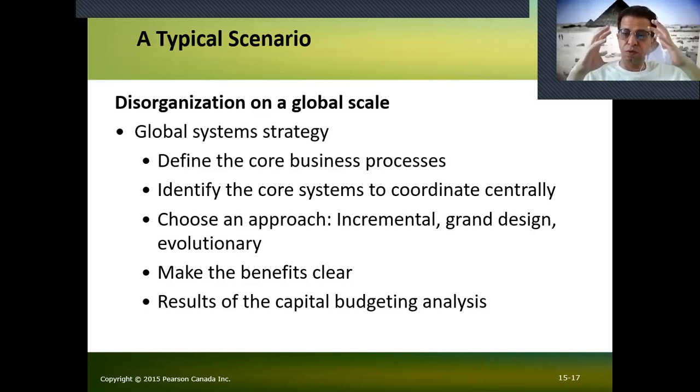So we want to first define our core business and then coordinate it centrally. Then choose an approach, whether we want to do incremental, grand design, or evolutionary. Preferably incremental, which helps so much and makes the benefit clear for the end users and the sub-companies, as a result of capital budgeting analysis and feasibility study.